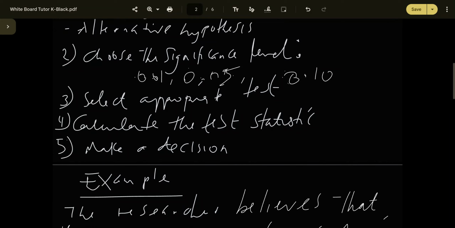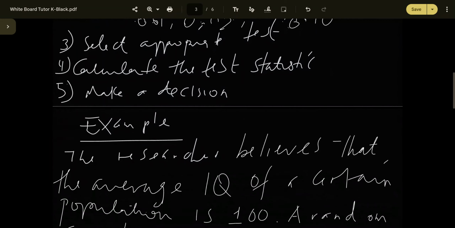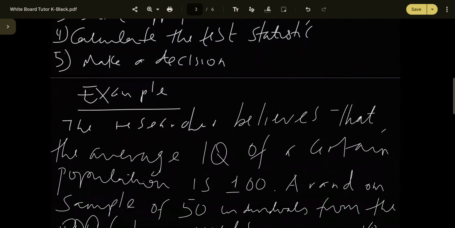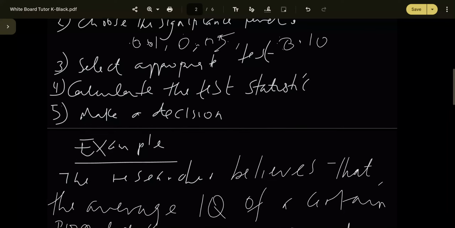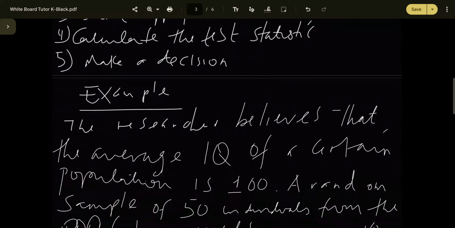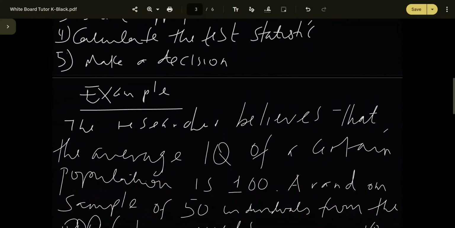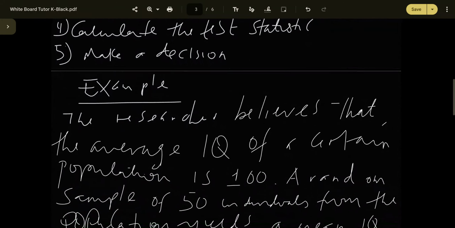Then you reach a conclusion: does this decision make sense or not? Those are the basics of hypothesis testing. Now you're going to see the formula you can use and how to use it to answer questions you're given.